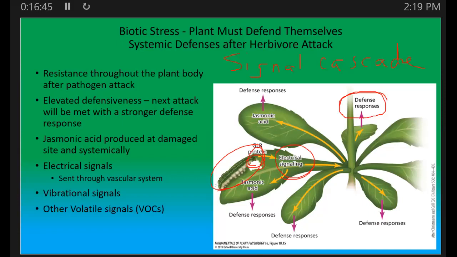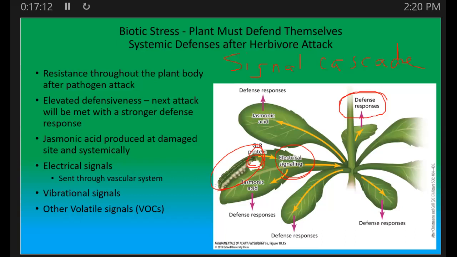The plant can also send off volatile signals as part of this defense. So if you think about, for example, really big trees that have a huge canopy, and let's say maybe there's 100 caterpillars chewing on the lower portion of the canopy. Well, one way to get the upper canopy quickly put on notice is to do volatiles, right?